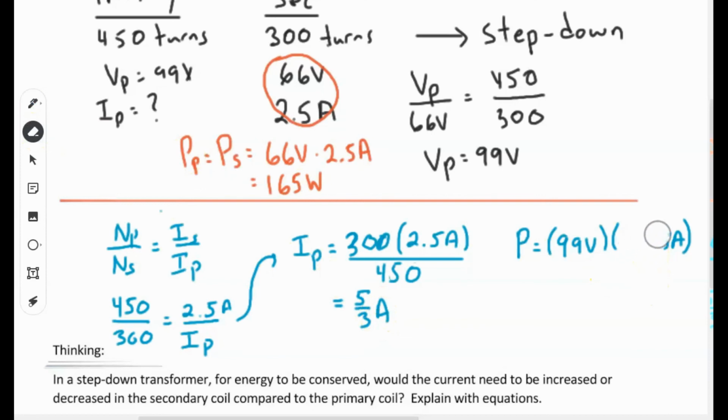And so we'll just replace this with 5/3. And exactly 165. So we're good now. But it's always good to look at your answer and say, does this make sense? No, energy is not being conserved. Let's fix that.